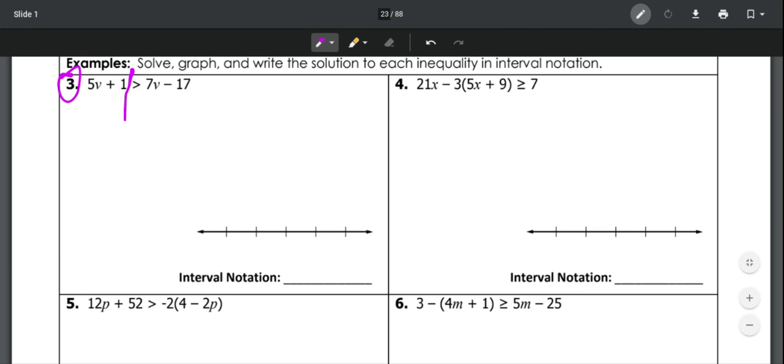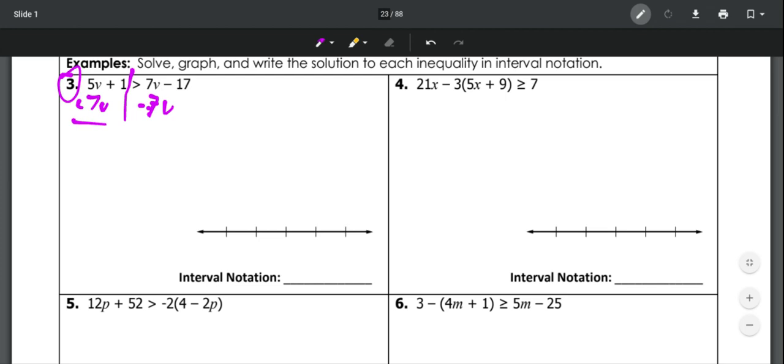Here's what I would begin doing first. Because we know we have to get a v on one side, we have to get integers on the other side, so we have to isolate our variable. So I'm going to take away 7v because this is a plus 7v, and I need to do the opposite of what's going on.